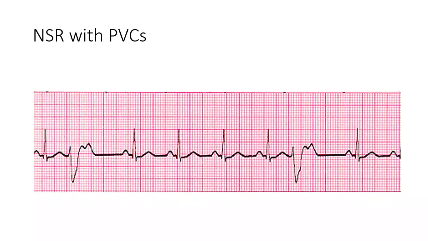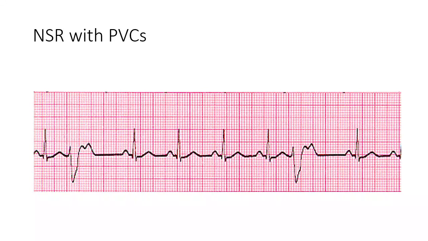This is wide and bizarre looking, as you said, funky looking. And so we know that that's being generated from down in the ventricles. The other thing we notice is what do we call this right here? Compensatory pause. So that would be normal sinus rhythm with PVCs.